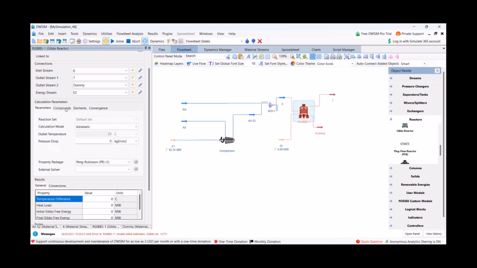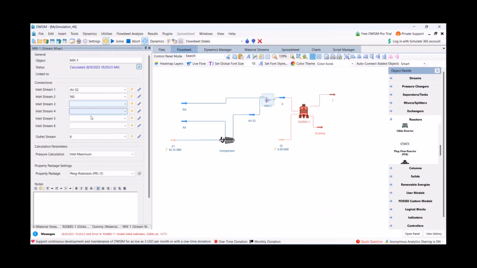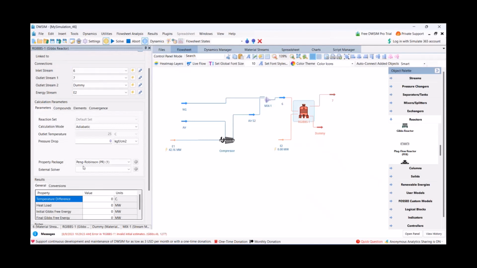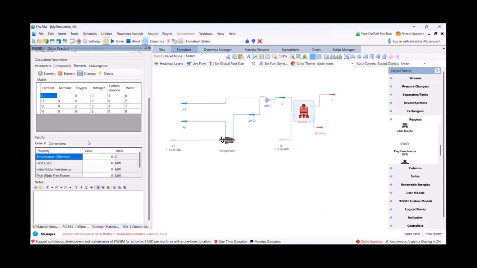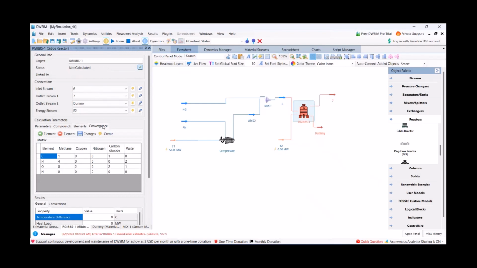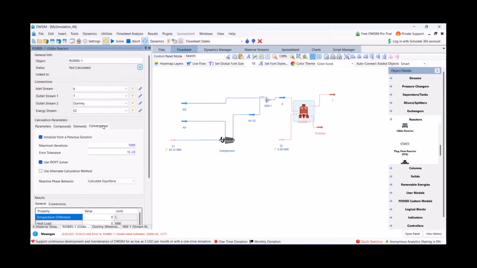And it is giving invalid estimates. Compounds, elements, they are fine. Convergence.